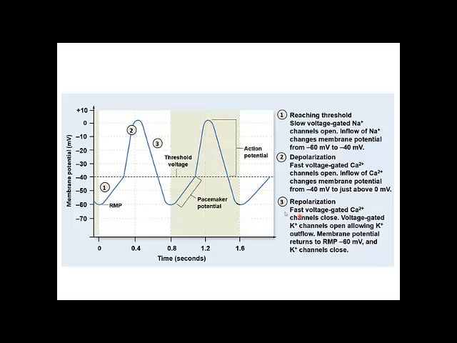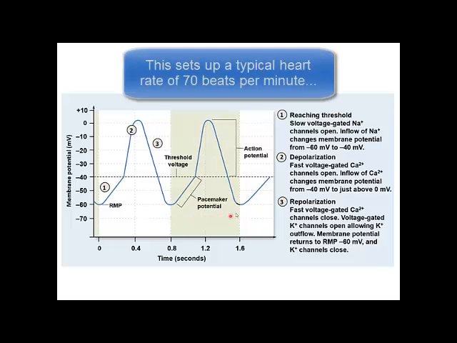Our potassium channels will open up, giving us a steady repolarization back down to our resting membrane potential. The entire process takes approximately half a second. Well, this is showing about 0.8 of a second. Once we get back down to resting membrane potential, we repeat the entire process.